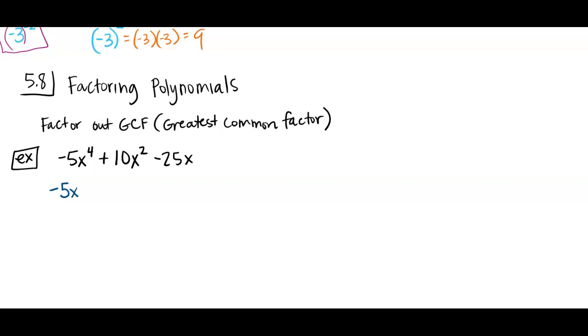Since we're undoing multiplication, we're trying to figure out what would divide into each of these different terms. So our GCF is negative 5x.